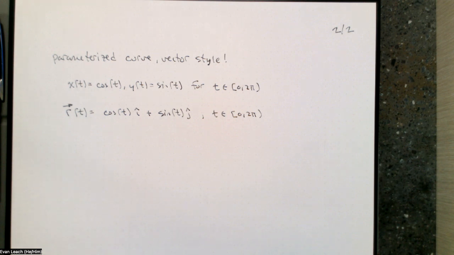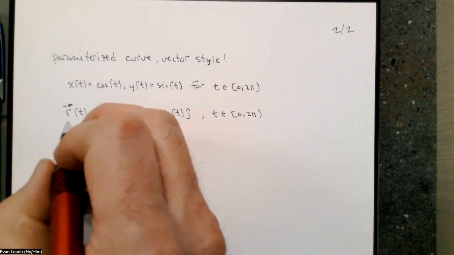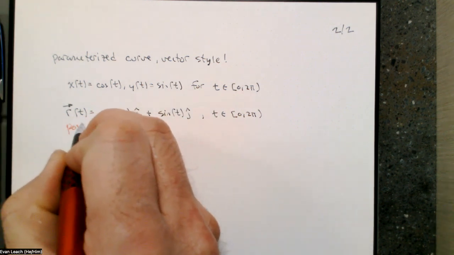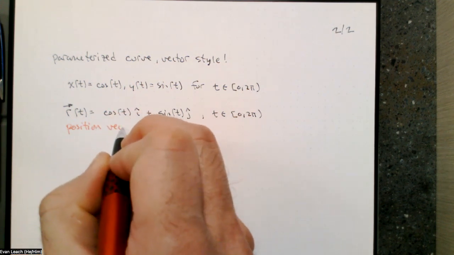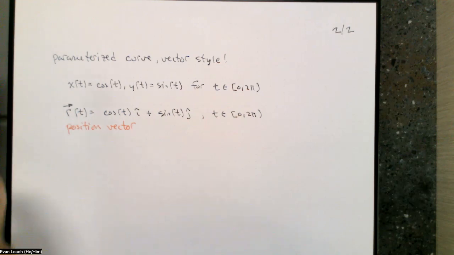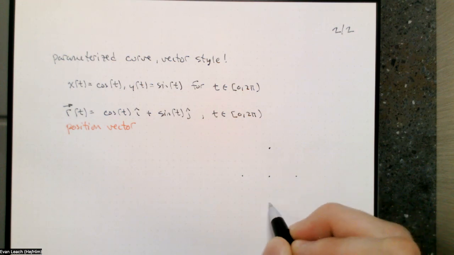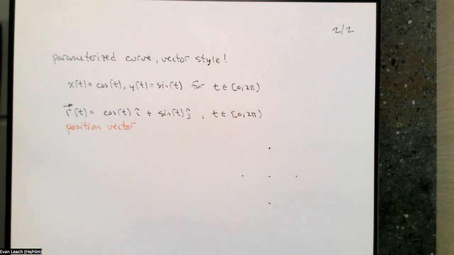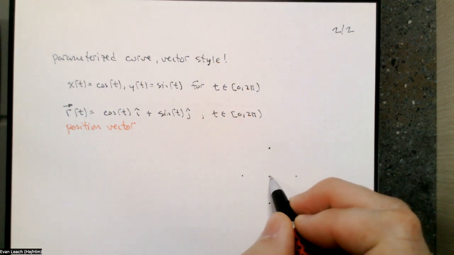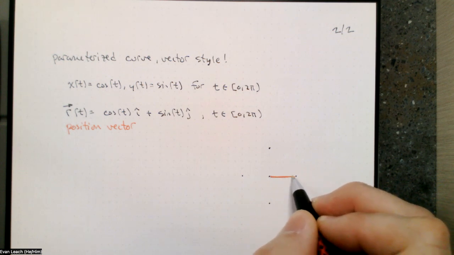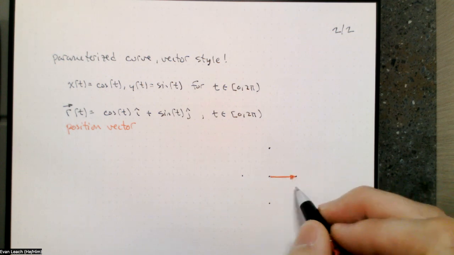And then as t goes around from 0 to 2 pi, we draw the same circle. So we're thinking of this as a position vector. So when t is equal to 0, we get that first position vector. That vector is r of 0.